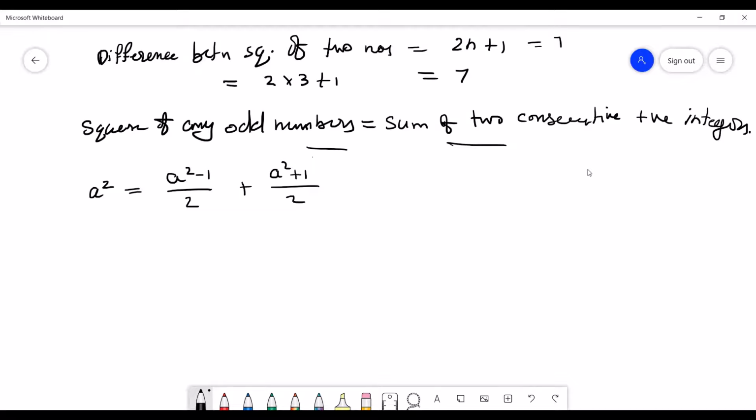We can write in this format: a square is equal to (a square minus 1) upon 2 plus (a square plus 1) upon 2. This way we can write. So we have to prove whether this is right or not. Now let us consider the number 3.